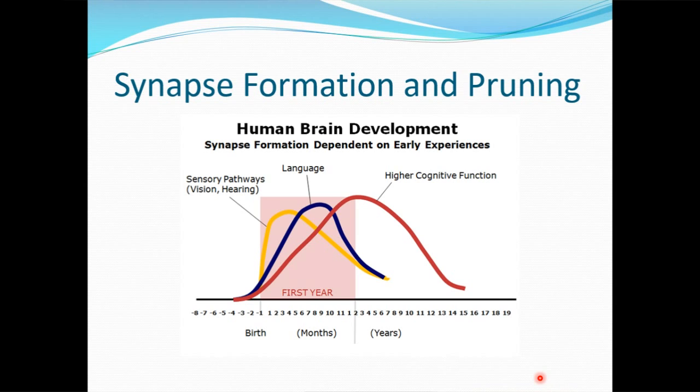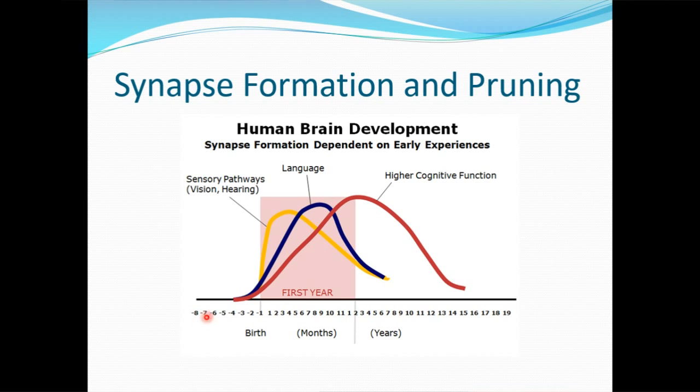So, again, still looking at synapse formation and pruning. This is just a diagram that illustrates some of the synapses and some of the pruning, because there's a very definite format. It doesn't happen in an arbitrary way. There's certain things that unfold at certain times. So let's look at your sensory pathways for hearing and vision.